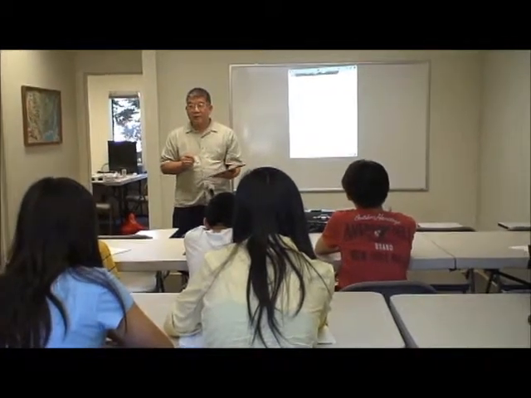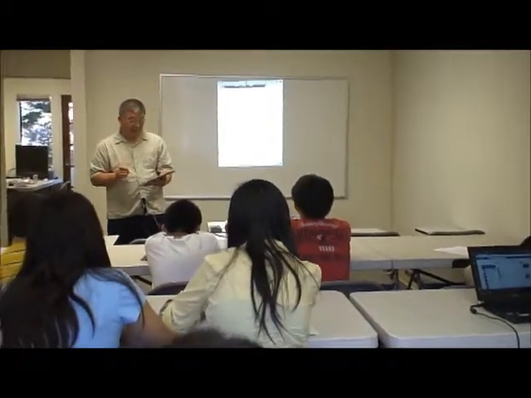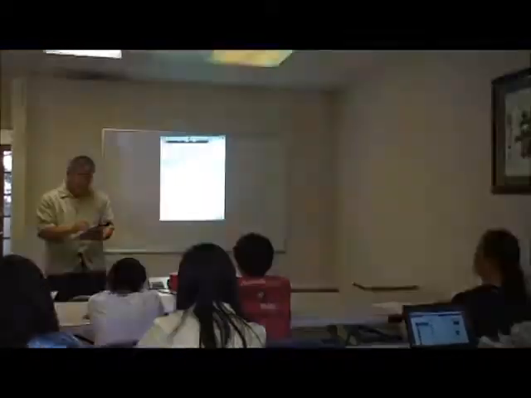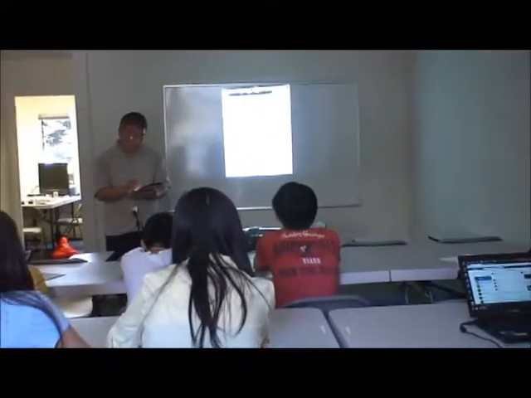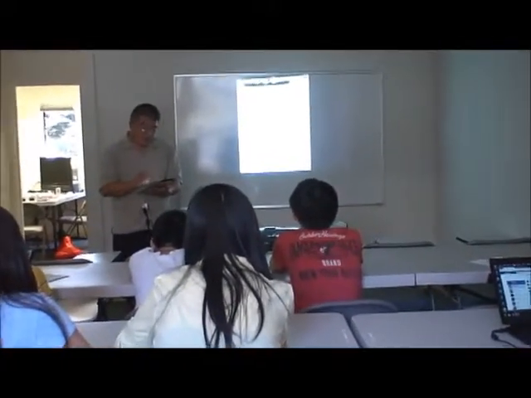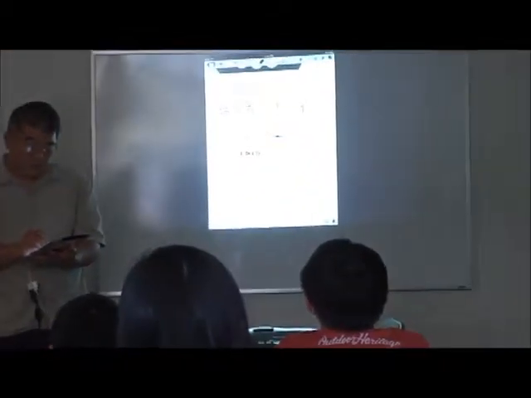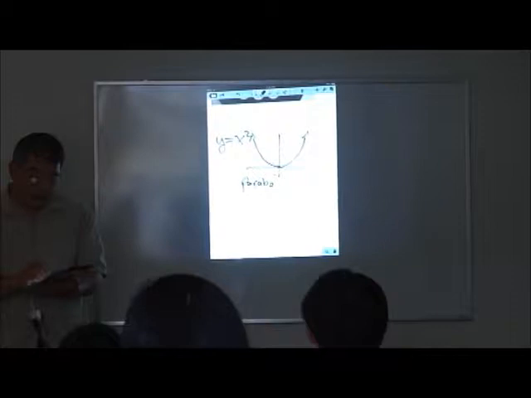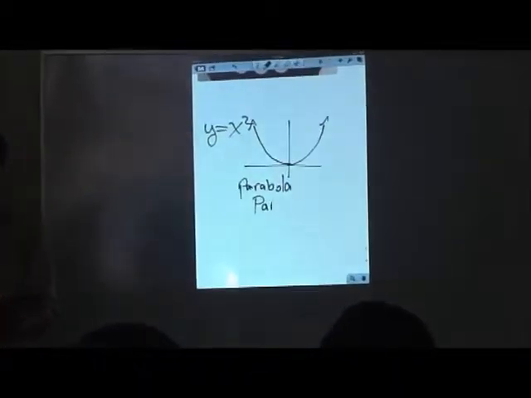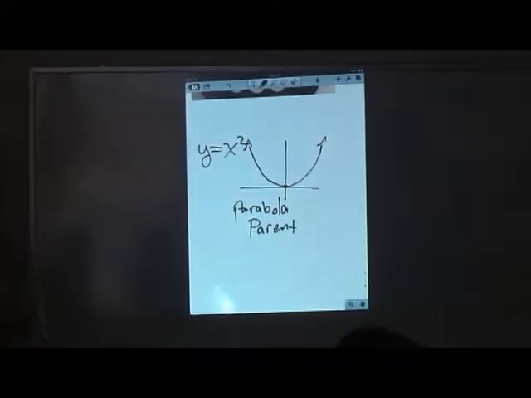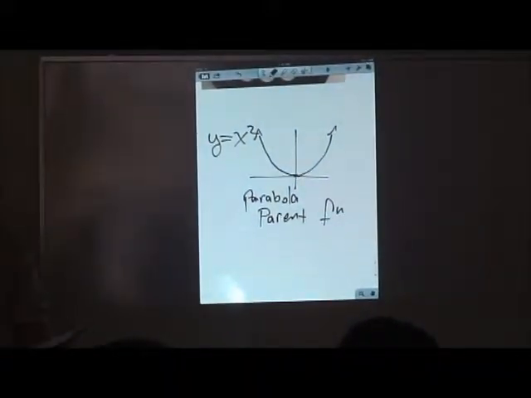Now hopefully if you've been in algebra or even geometry, you know that this function looks like this, right? It just has this appearance right here. And this shape right here is called a parabola. So when I mention what I refer to as the parent function, this is the parent function. Okay, this picture right here.